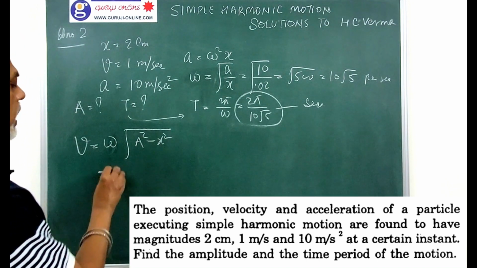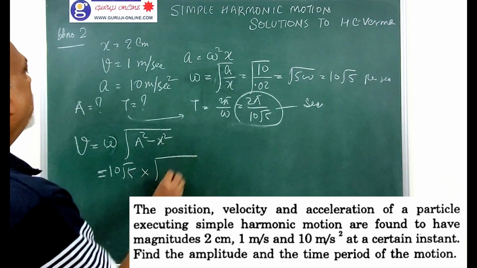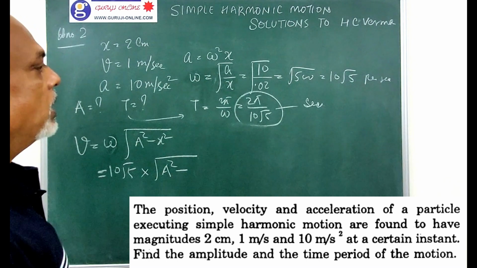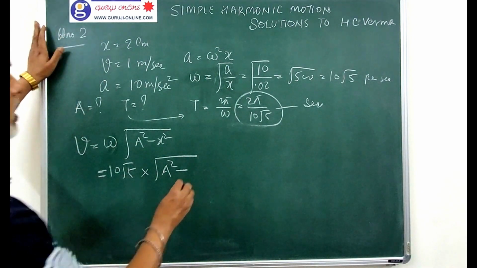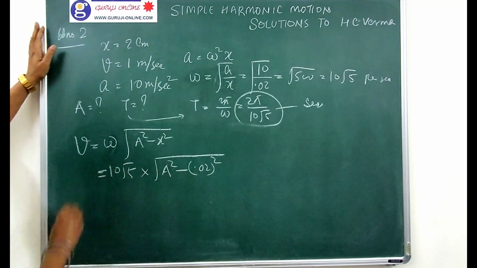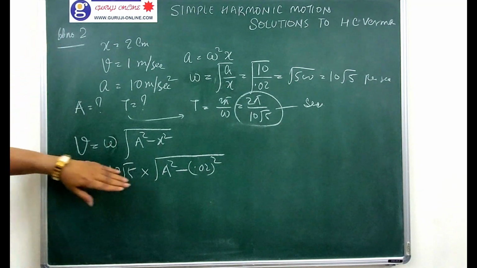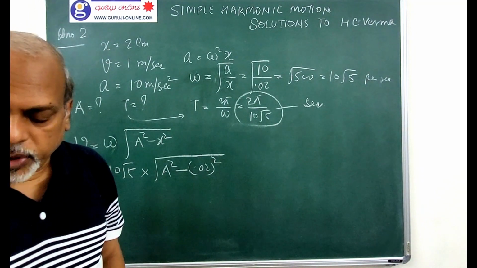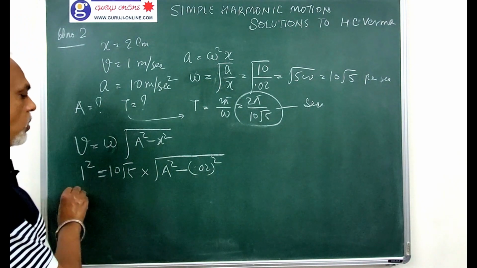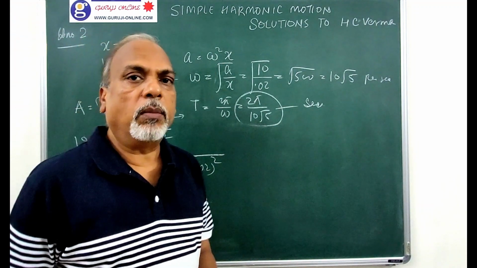So omega we know, root of 500, into root of amplitude, which we have to find out, square minus x square. x is given, that is 0.02. Correct. Of course velocity is also given, that is 1 meter per second. So with this we can find out the amplitude, and this you can simplify, and this is how you can solve this question. So this is the solution of question number 2.